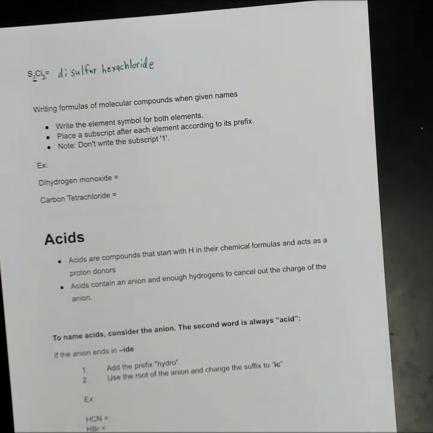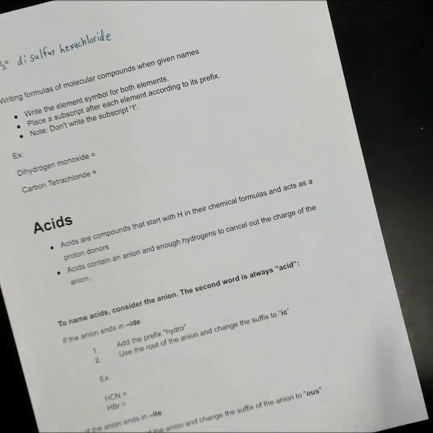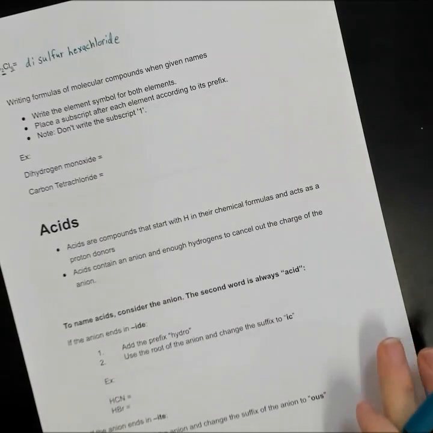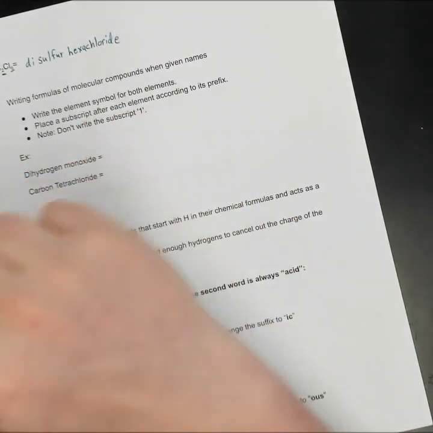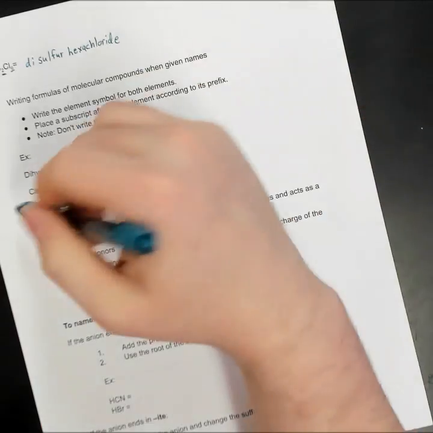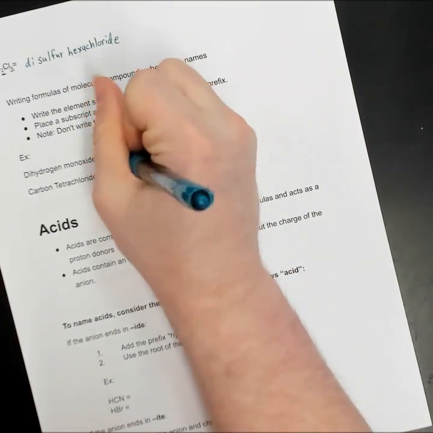So now we want to turn our formula name into a molecule. Very easy. Since it's prefixes, it tells you exactly what to put. So we just have to figure out the order of them. And again, the first word always goes in front, then the next one. So we have dihydrogen monoxide. Dihydrogen is H2.